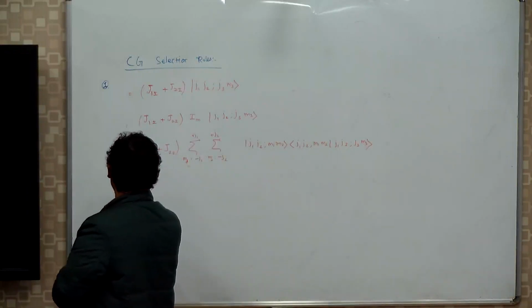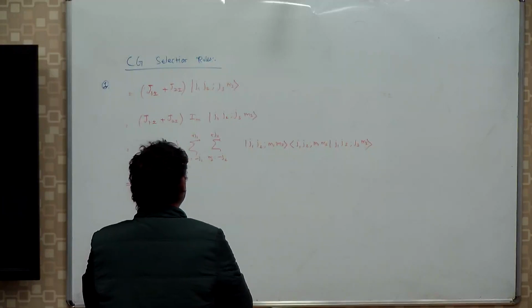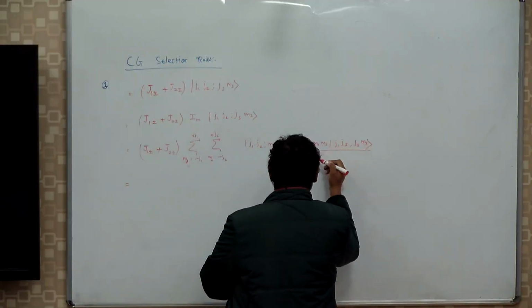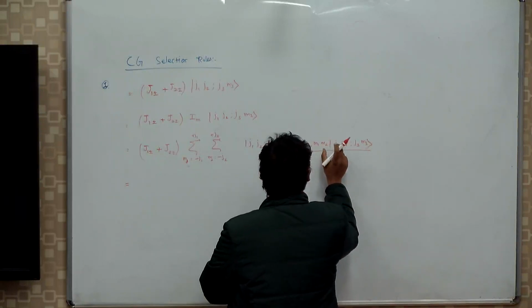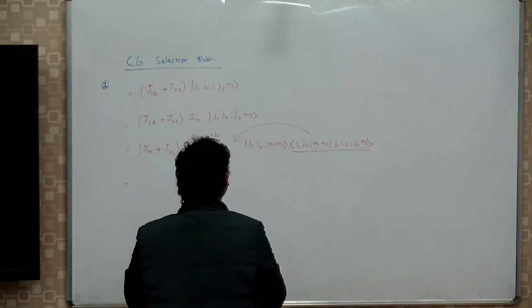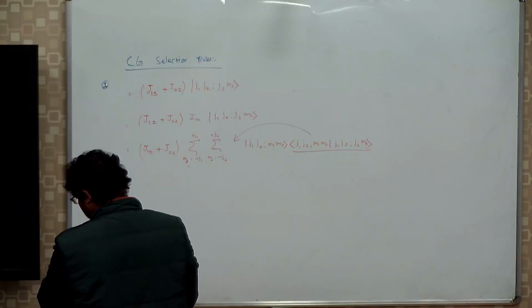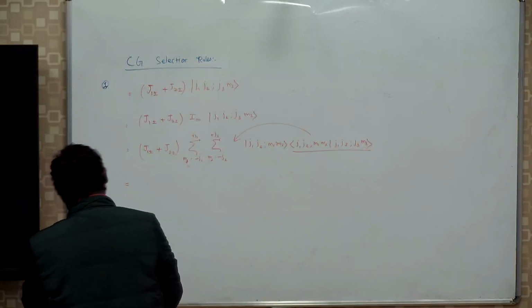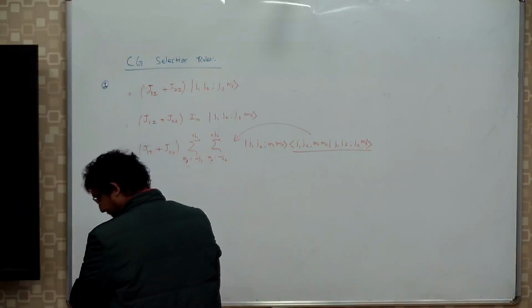As I already told, an inner product between any two states is a scalar quantity. So instead of writing it here, we can bring this term from here to here. There is no problem. It is a number, so we can bring it over. Then we bring this one from here to here.